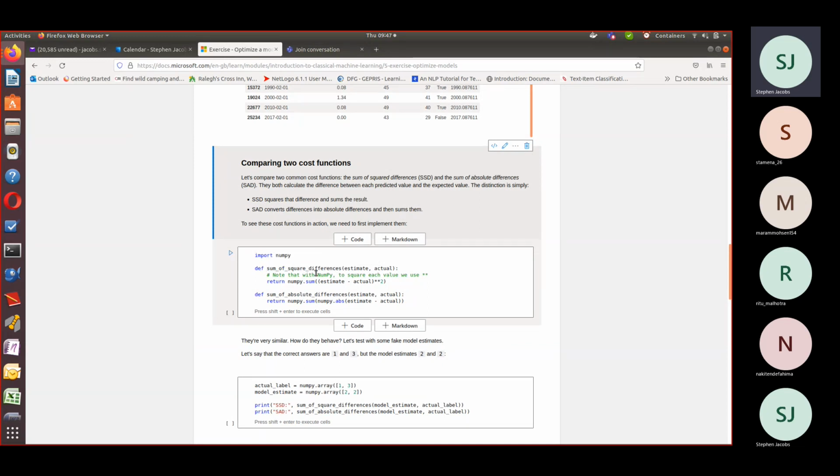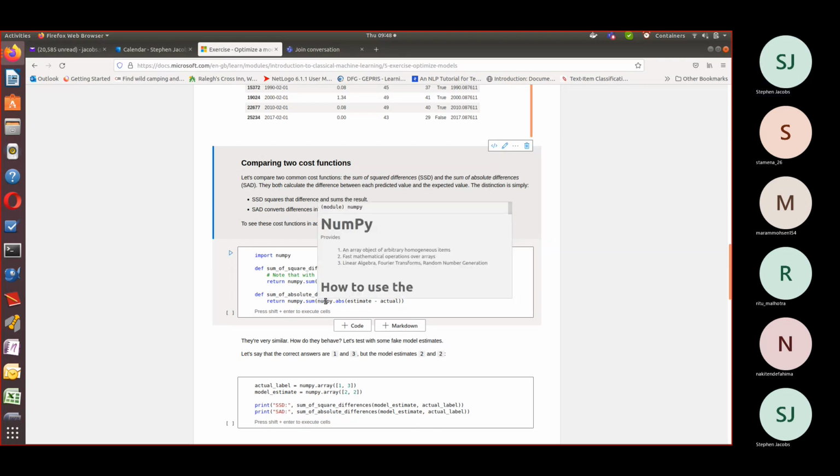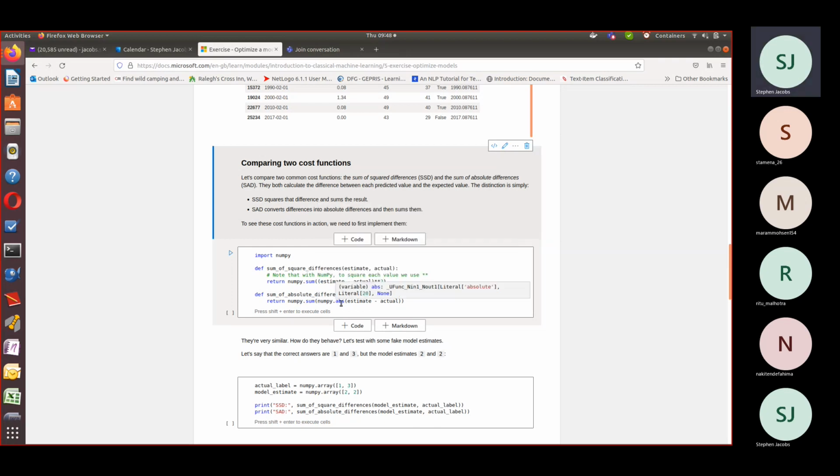So this does the sum of square differences, and of course you can see that's the calculation, numpy.sum of the estimate minus the actual all squared. Or you can have the differences, where we're returning here the absolute value of the estimate minus the actual.